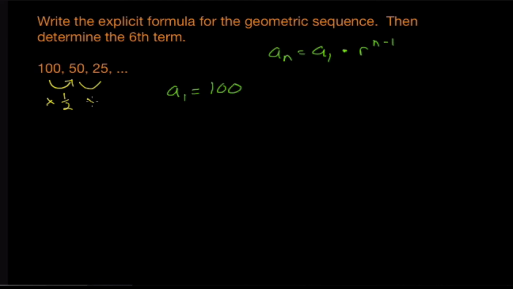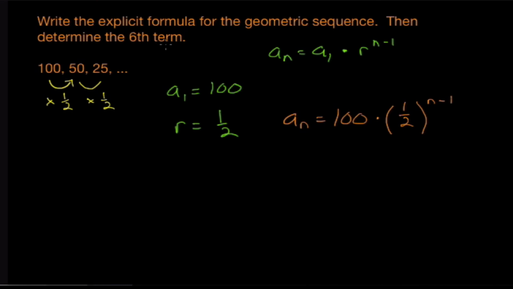So 50 times 1/2 is 25, and now we've identified our common ratio. r is going to be 1/2. And so now we can write our explicit formula, a sub n equals our first term, 100, times, I'll put this in parentheses, 1/2 raised to the n minus 1 power.